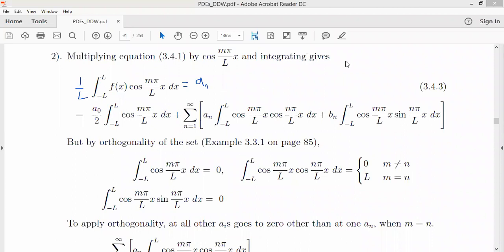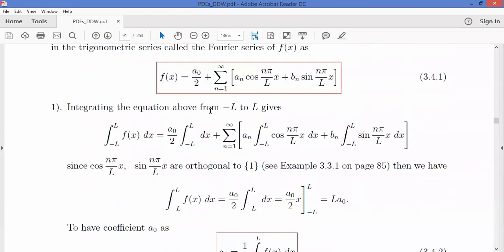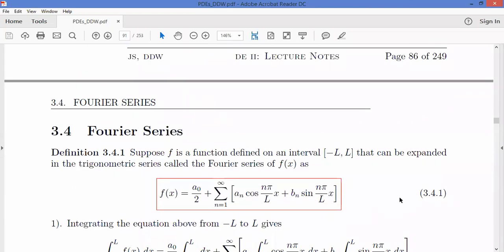Now we are going to repeat this process, but this time we are going to multiply by sine. Our equation is 3.4.1.